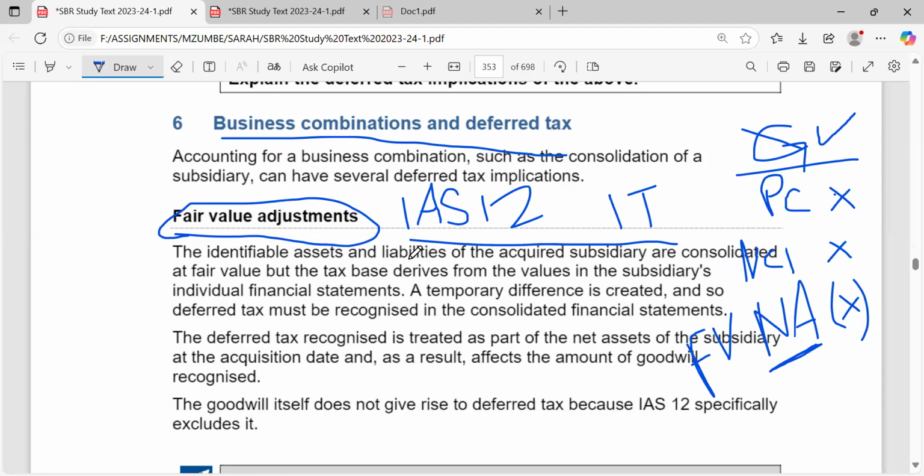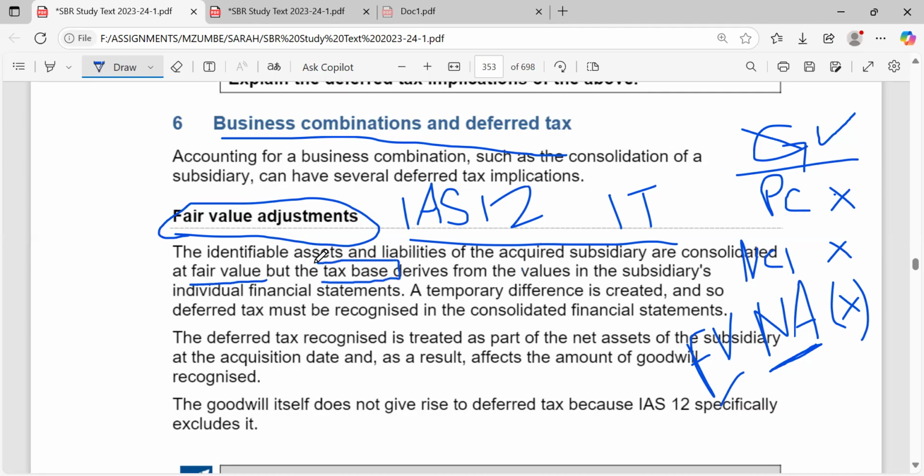The identifiable assets and liabilities of the acquired subsidiary are consolidated at fair value. That's done at fair value. But the tax base derives from the values in the subsidiary's individual financial statements. This is the main point you have to get from this.